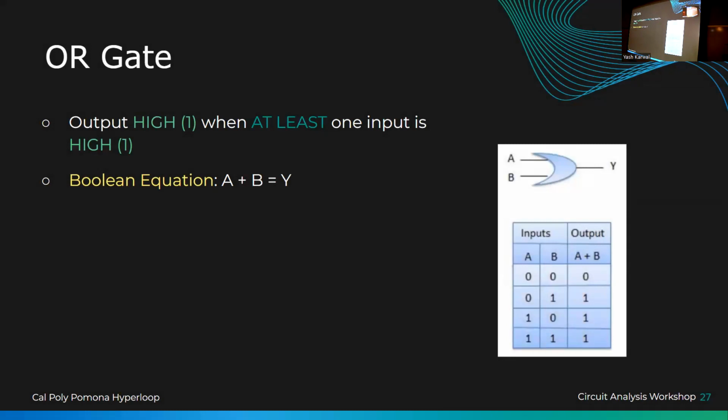Let's call this A, and let's call this B, right? If you close A, electricity will flow through because point B is independent. And if you close point B, electricity will still flow through because point A is independent.